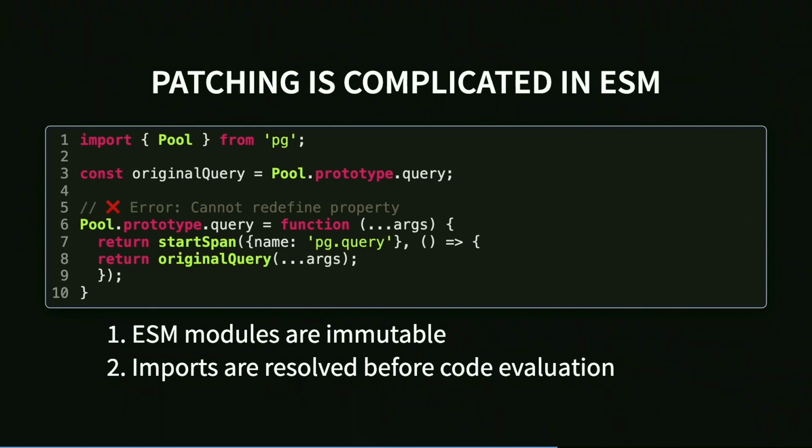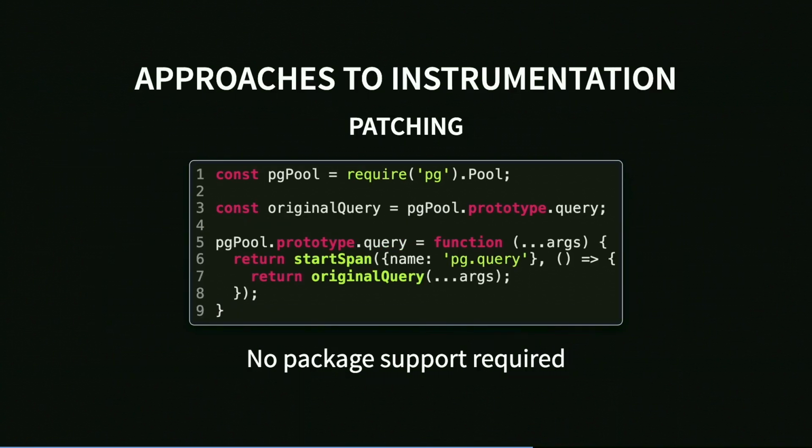So it basically requires the Pool class, for example, from PG, and then you can just kind of store the initial original function pointer and actually override, for example, the query method, add your start span calls, extract some metadata like the query we saw before, and then just invoke the original code. This is really the approach that most OpenTelemetry instrumentation nowadays uses.